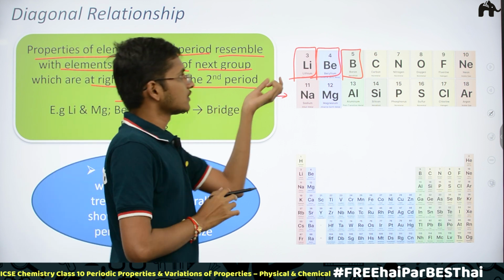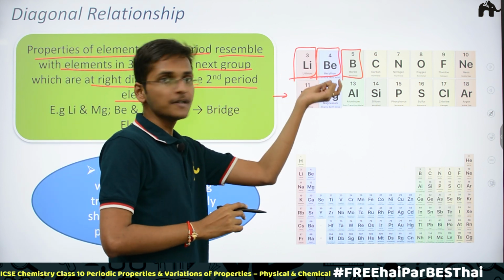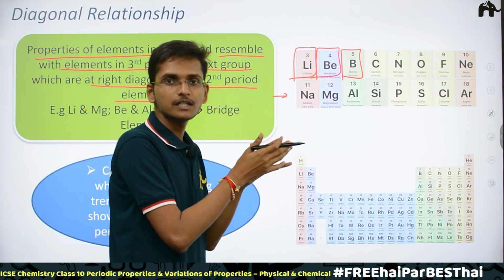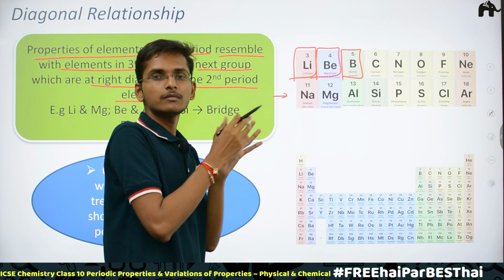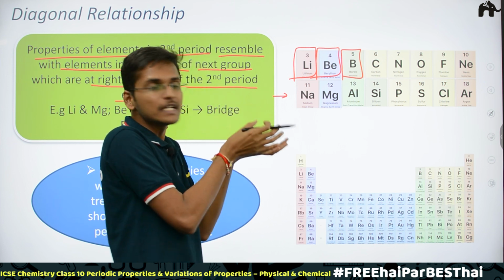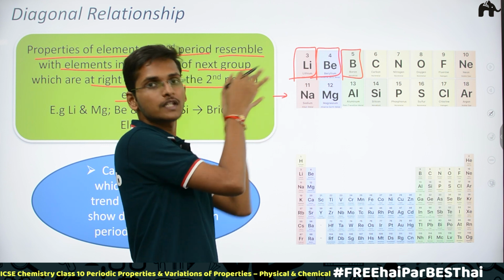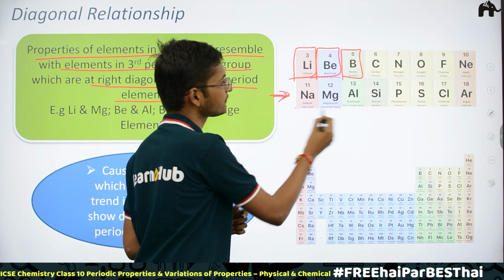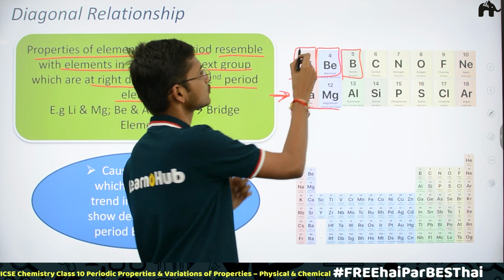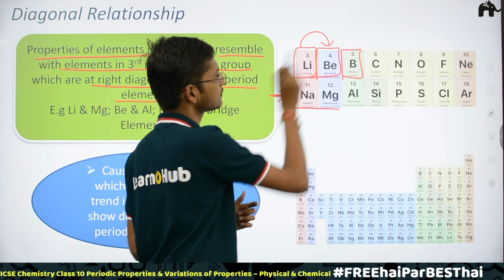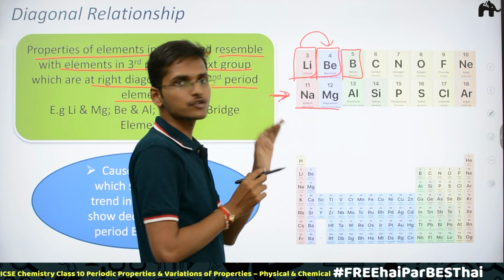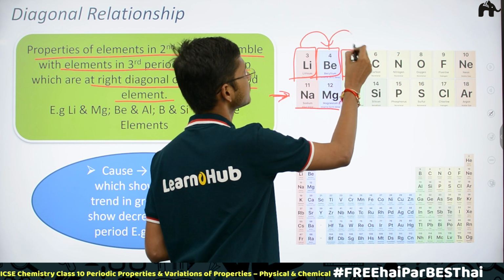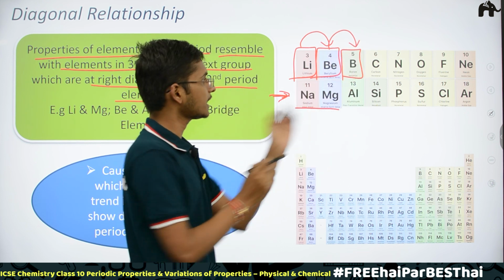See, the properties of the elements in the second period are found to be similar with the properties of the elements of the third period. This is the third period of the next group. So in case of lithium, the element is from the next group and third period. In case of beryllium, the element is from the next group to that of beryllium and third period.